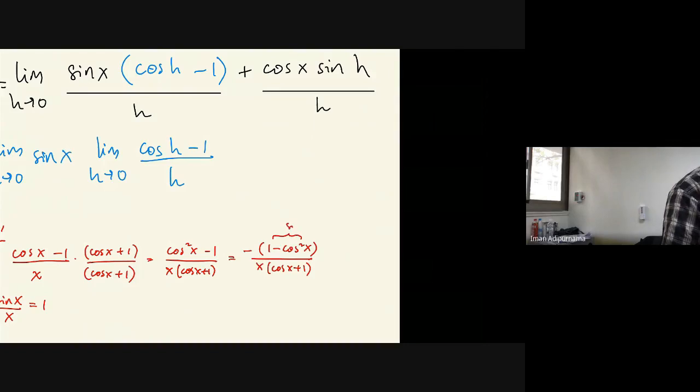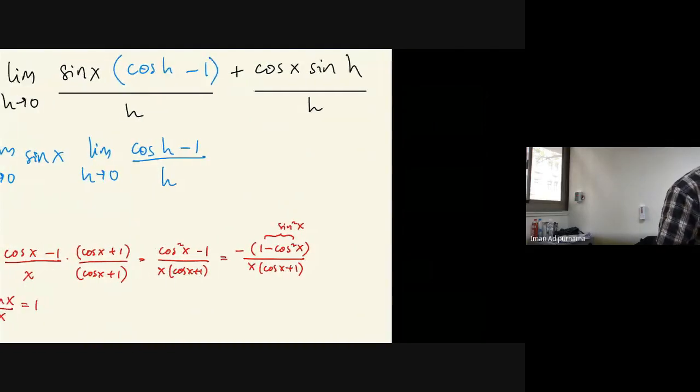This whole part becomes sine squared x. Remember, you still have the negative sign here. I will separate it into 2: sine x over x and sine x over cos x plus 1. Use limit on both cases. This whole part becomes negative 1.